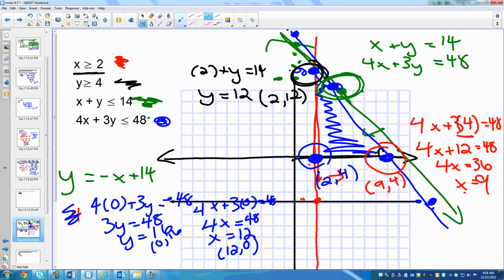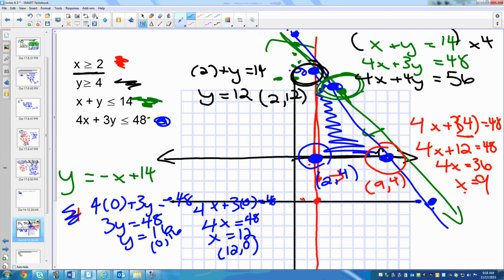So, what I'm going to do is multiply, let's get common x's. So I'm going to multiply this top one by 4, okay? So that'll give me 4x plus 4y is equal to 40 plus 16, 56, right?